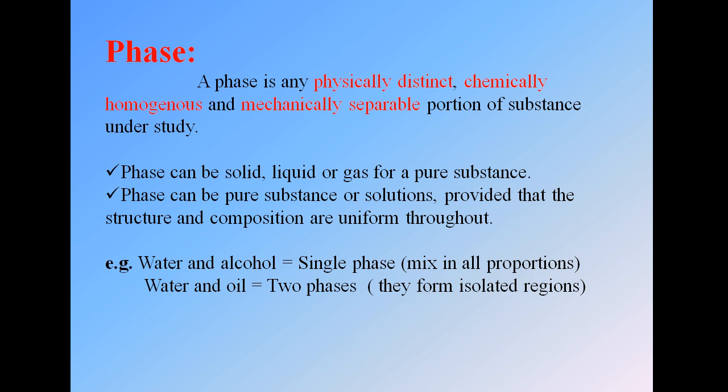Next, chemically homogeneous means we can take an example of steel or cast iron. It is a solid, so it only has solid particles throughout the material. It doesn't have any liquid or gas, so it is chemically homogeneous throughout the structure. In the same way we go for the liquid.